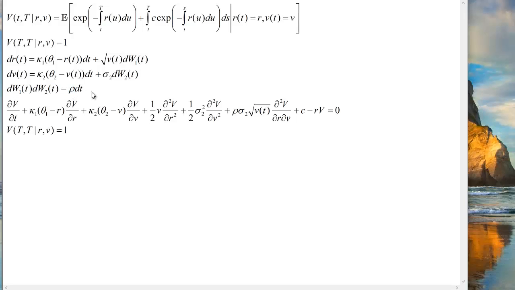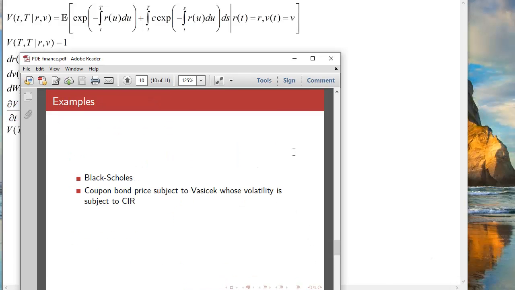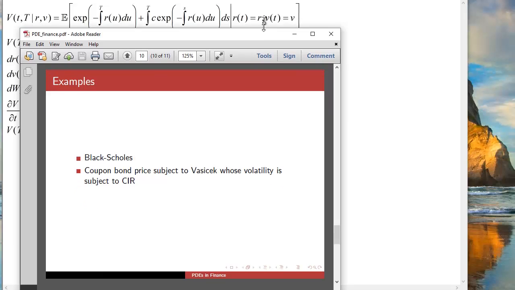Okay, so you can see it's quite a complicated PDE because it's two-dimensional. It's more demanding also in terms of the numerical solutions, but it can still be solved. It's quite okay if you know how to do it. I believe that's pretty much enough for you to understand the subject.